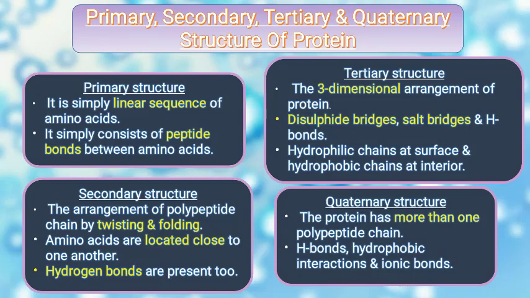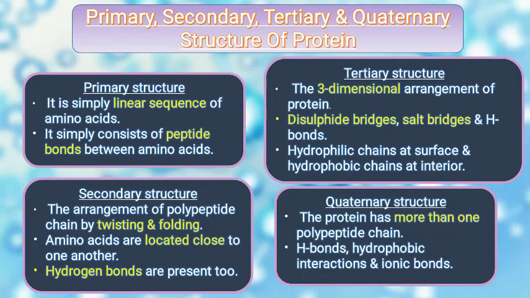Now we have the structure of protein. As you are already familiar with this topic, I will just give you a brief overview. The primary structure is simply the linear sequence of amino acids consisting of peptide bonds between amino acids. The secondary structure is the twisting and turning of the polypeptide chain, and in order to hold the twisting, we have hydrogen bonds between the amino acids.